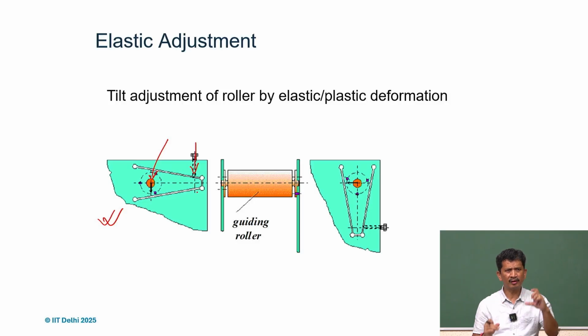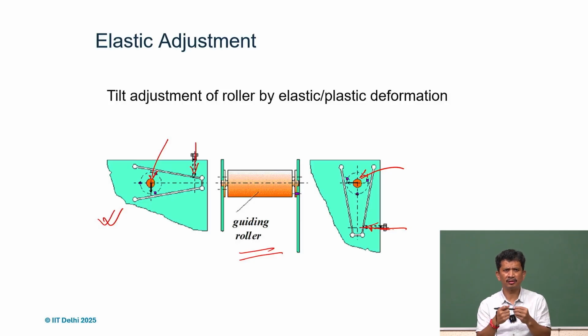If we just adjust it, it moves by a very small amount in the vertical direction, and then similarly we can do the same in the other axis. One is moving in this way and the other is moving in this way, and that way we can align that guiding roller precisely. The movements in x and y may not be that important.